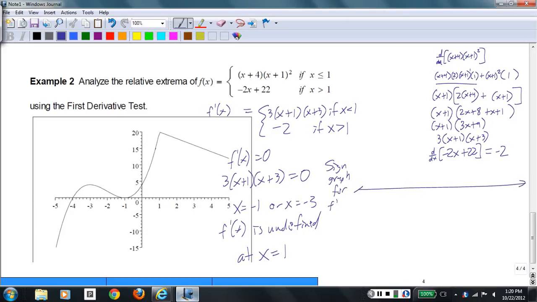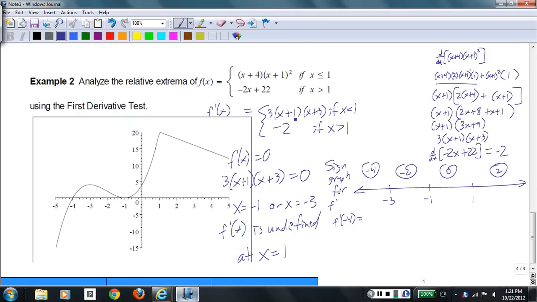I'll put those critical numbers on there in order from left to right: negative 3, negative 1, and positive 1, and choose a test number in each interval and evaluate the derivative there. The derivative is only able to change sign when it's undefined or equal to 0, so it's not going to change sign within each of these intervals. So let's try negative 4, negative 2, 0, and 2 for our test numbers. f prime of negative 4.